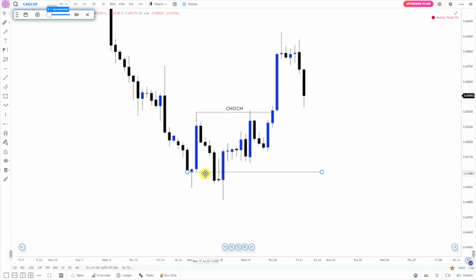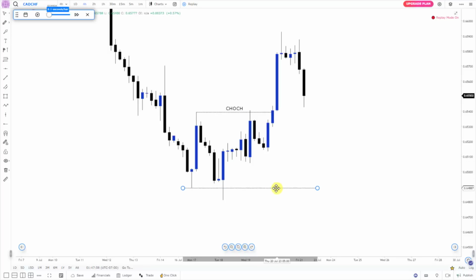But me, the way I do mark my own, I will advise you to mark it from the wick of this candle. Marking it from the wick of this candle is going to help you minimize the size of your zone, okay? Because if you try to mark it from this low, you can see that you're going to have a very large zone. So when you try to enter this using the risk entry, you're going to be trading from a very large zone.